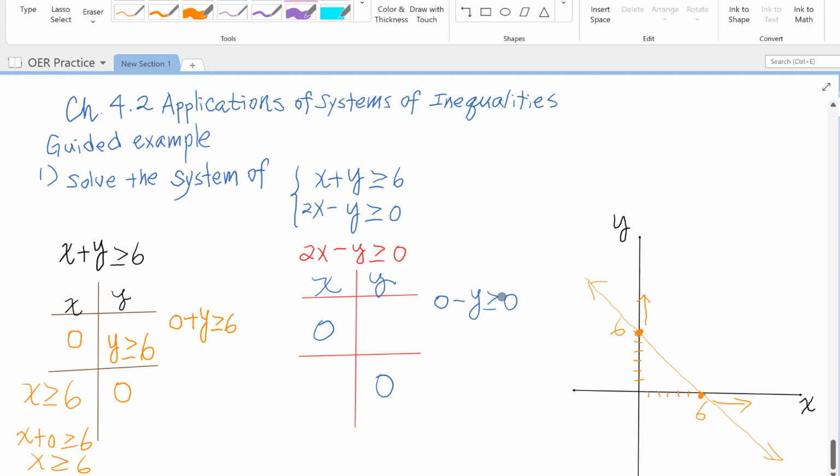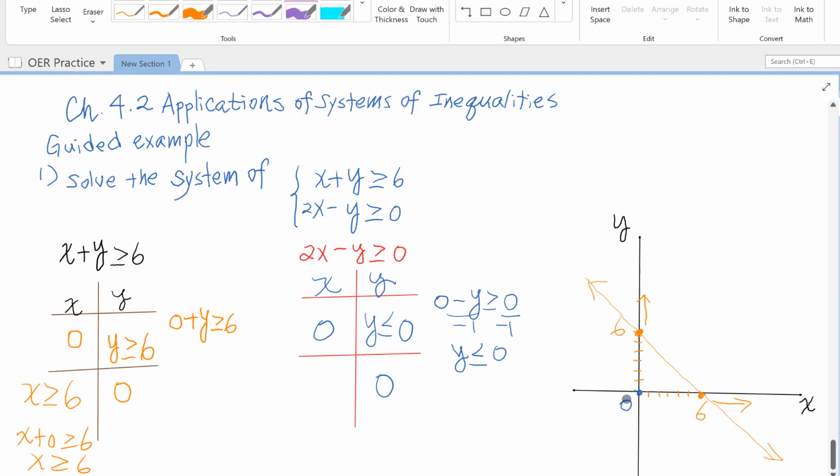But you cannot have a negative y, so we divide by -1 on both sides. Make sure you switch the sign. Y is going to be less than or equal to 0. I'm going to put it here. So it's a solid dot.